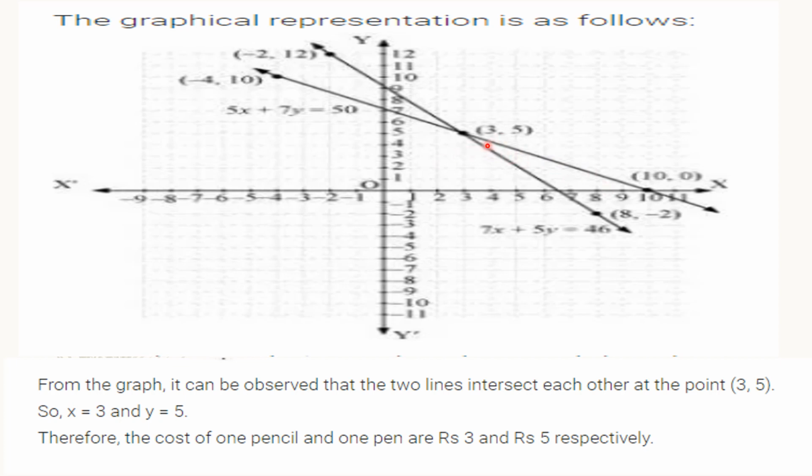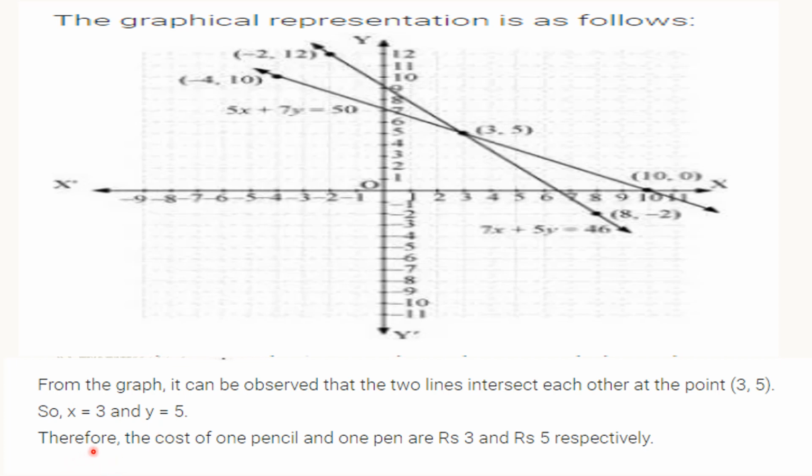Here 3 represents the x coordinate and 5 represents the y coordinate. So graphically we get x equals 3 and y equals 5. Now our motto was to find the cost of one pencil and the cost of one pen.